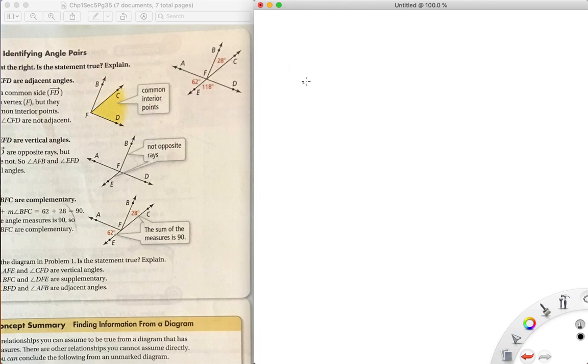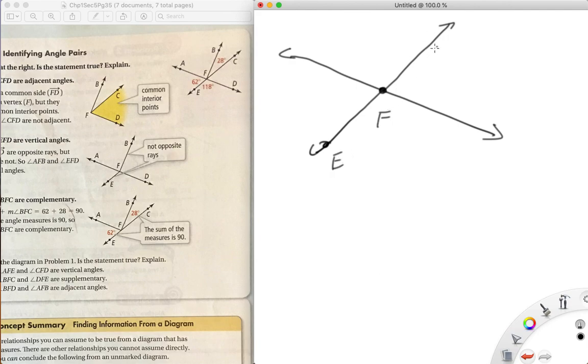Alright, so this might be hard for you guys to see at first. So we have an angle here. We have a common point at F. And we have it going this way and this way. This is E. This is C. This is A. And this is D.